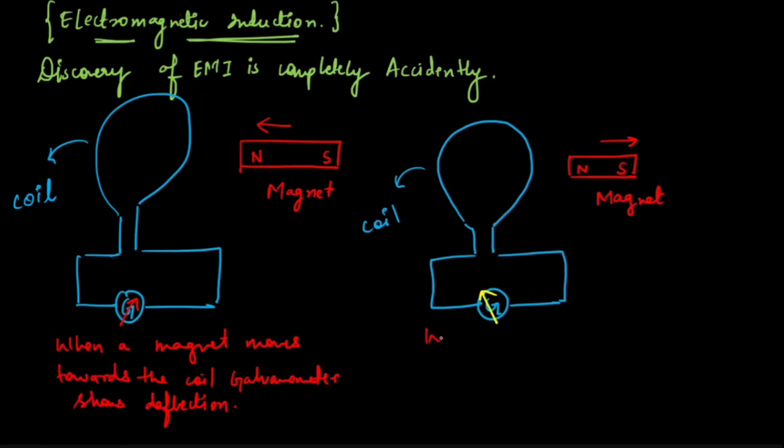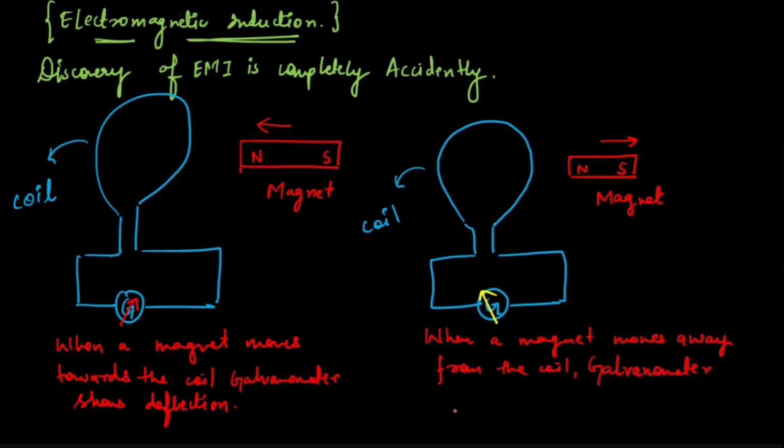So, again, we don't have any proper evidence, but we can say that when the magnet moves away from it as well, the galvanometer again shows some deflection, that too in the opposite direction.